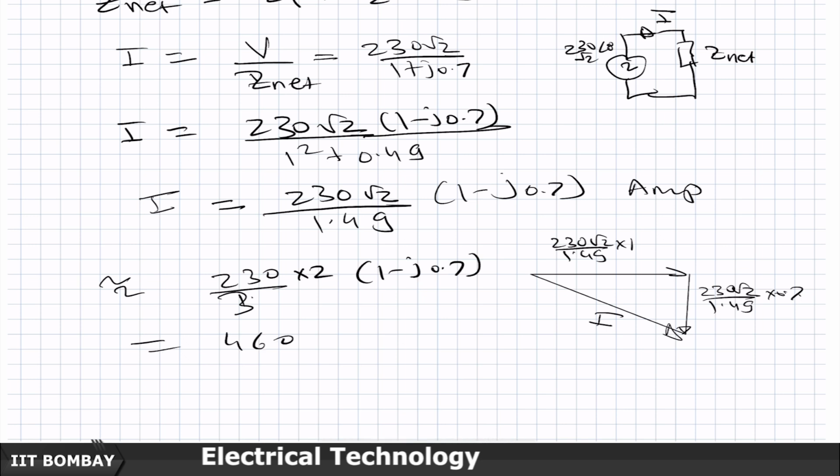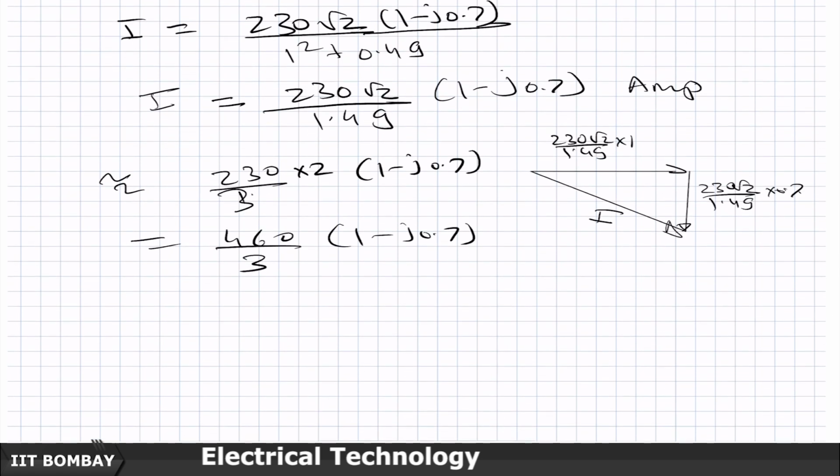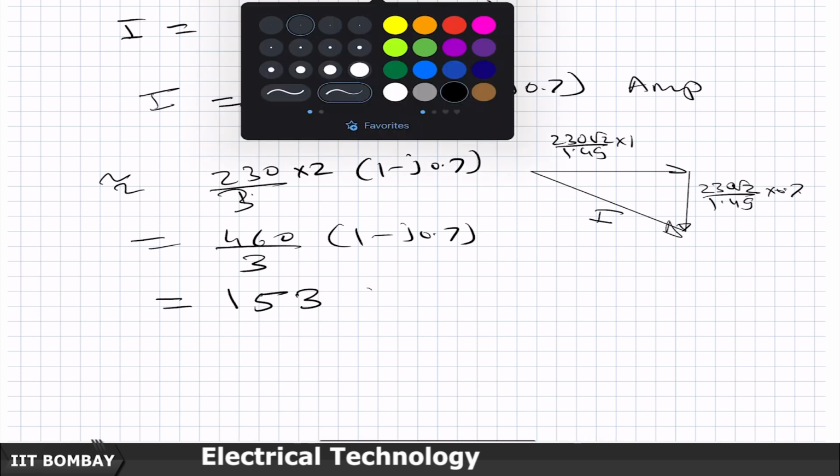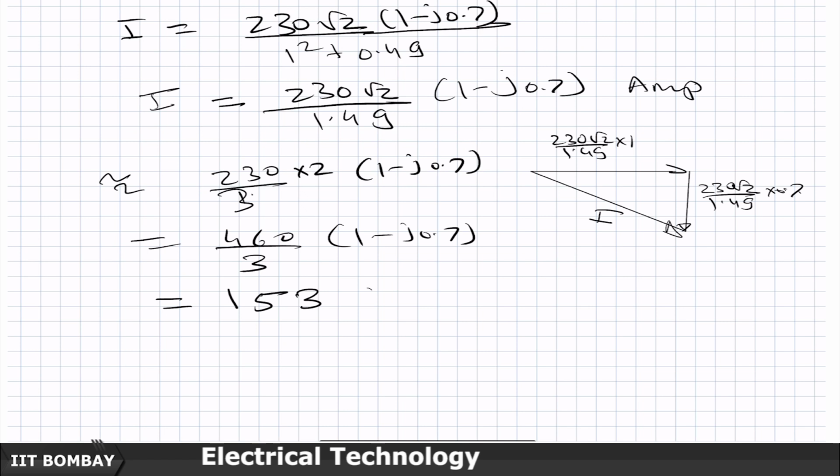So, 460 by 3 into 1 minus j 0.7. So, this is going to be 153 root 2 approximately, again I am just writing this, into 153, it will be point something, but I am not worrying right now about that, into 1 minus j 0.7.